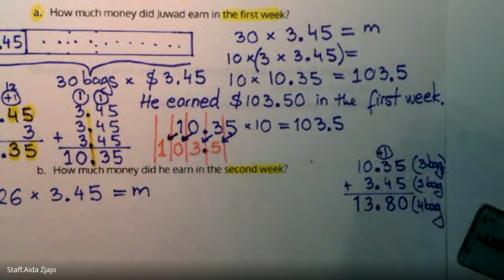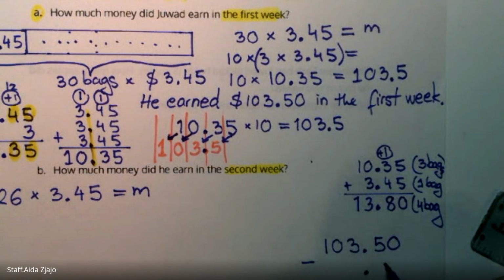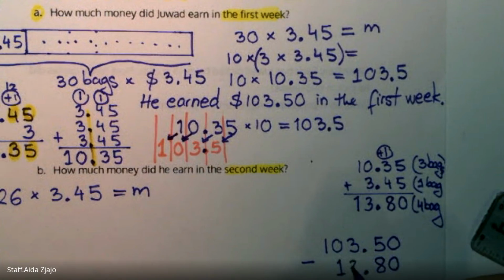$103.50. So we can subtract $103.50 minus, decimal point first. Here you have 80 cents, and here is $13.